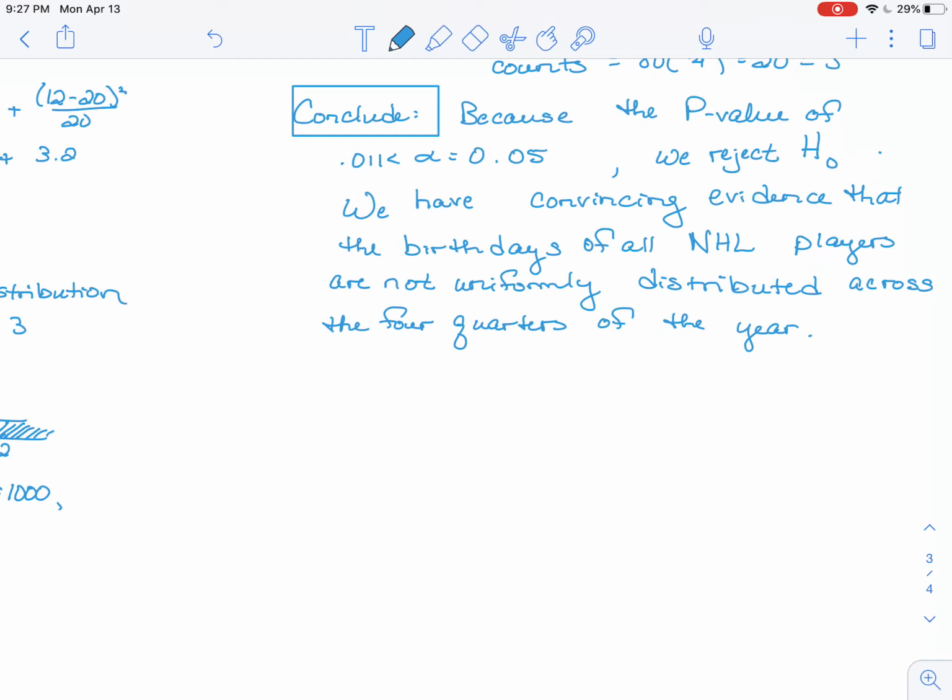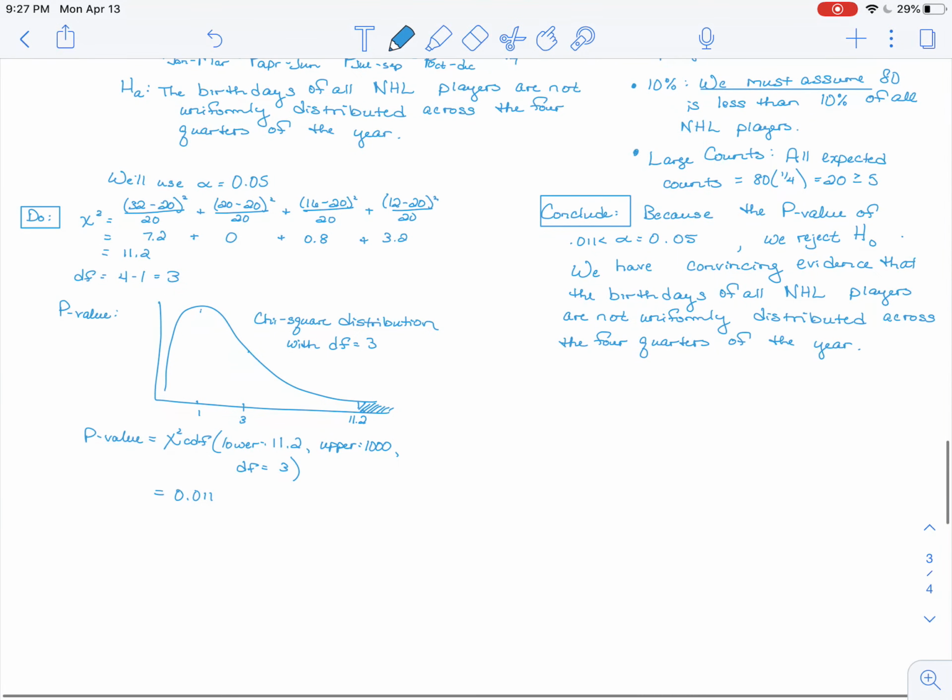So what we end up saying is we do have convincing evidence that the birthdays of all NHL players are not uniformly distributed across the 4 quarters of the year. So we're basically saying that it kind of seems like the kids born at the beginning of the year, because they're older, bigger, they do maybe get more playtime. They get more representation in the NHL than the kids who are super young and possibly smaller and whatnot.